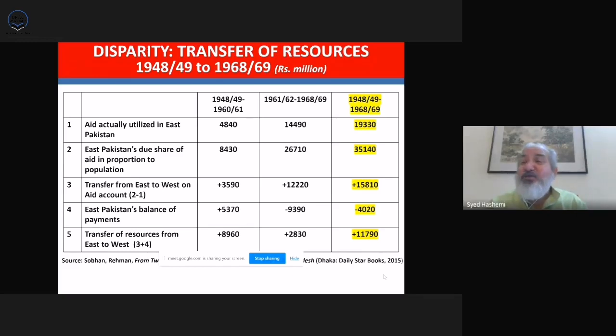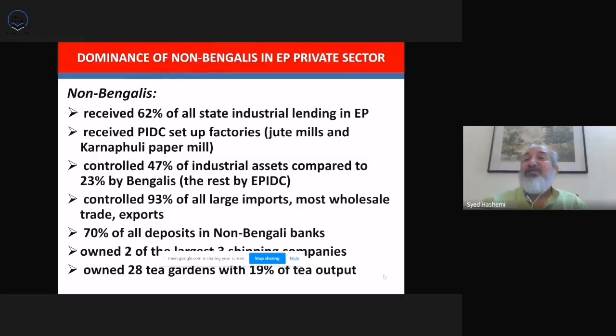But if you look at the last row, last column, we see that over the years, from 48 to 69, almost 12 billion rupees was transferred from East Pakistan to West Pakistan. And East Pakistanis realized it. And they were very angry because they realized that the Pakistani government was partial to West Pakistan, and money from East Pakistan was being transferred to West Pakistan.